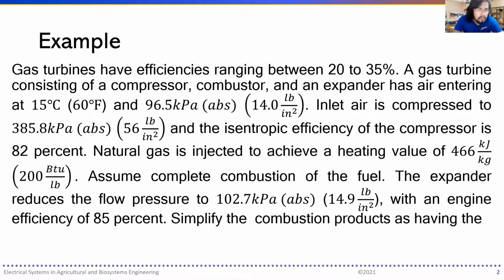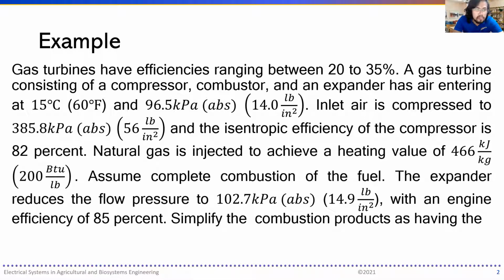A gas turbine consisting of a compressor, combustor, and an expander has air entering at 15 degrees Celsius. You have the value in Fahrenheit in the enclosed parentheses, and 96.5 kilopascals absolute, or the equivalent of 14.0 psi.